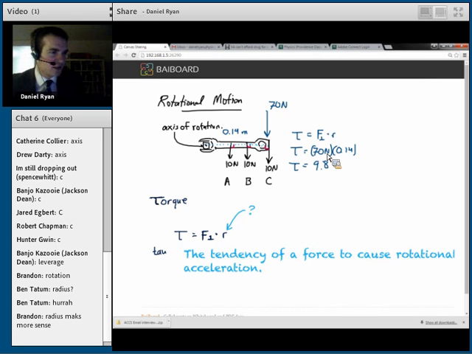It's not just newtons, by the way. Torque is not just newtons. 9.8 what? It's 9.8 Newton meters. That's the unit. Not very creative, is it? Kind of wish they came up with something else.